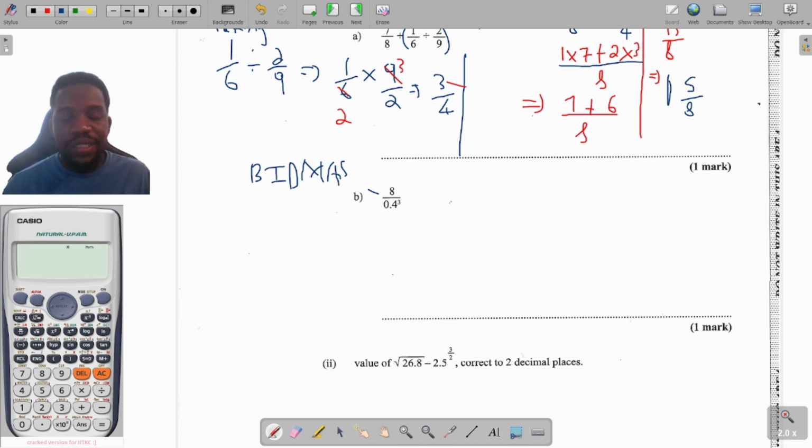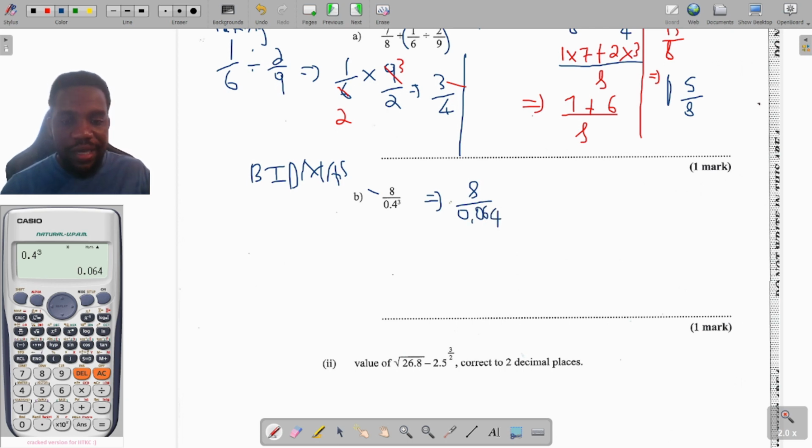I know I have to do indices first. So I can go 0.4, and of course, I can use the third power, or I can use this button right here, which means I can put any number up there as a power, right? Alright, so that's 0.064. So this actually becomes 8 over 0.064.